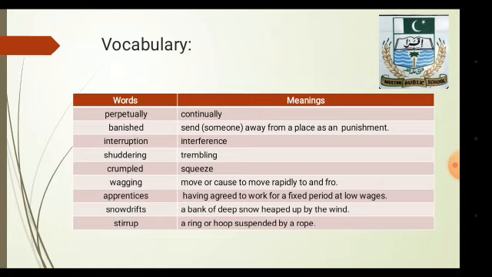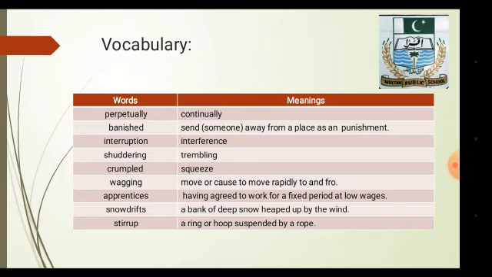Here is the vocabulary. A few words have been done for you. The words have the meanings in front of them and you can read them. The rest you can find by yourself and look into the dictionary for their meanings. The first word is perpetually, that is continually, then banished, when someone is sent away from the place as a punishment.